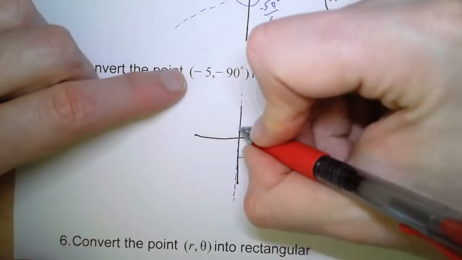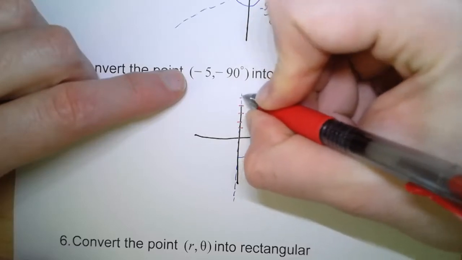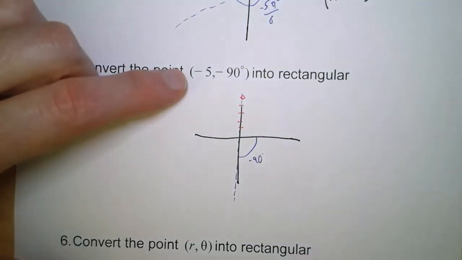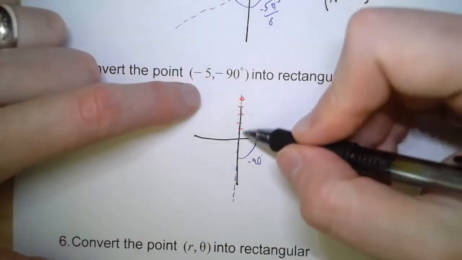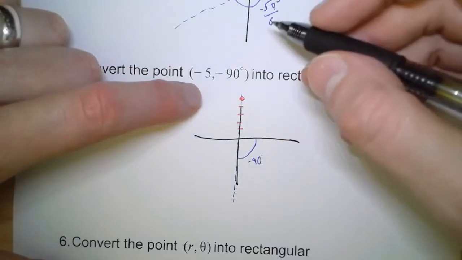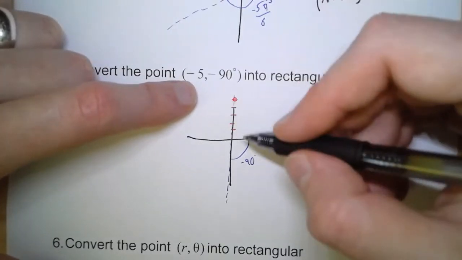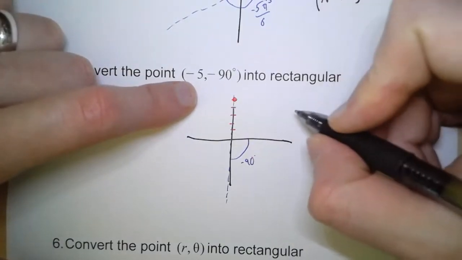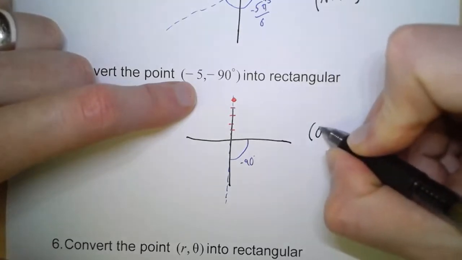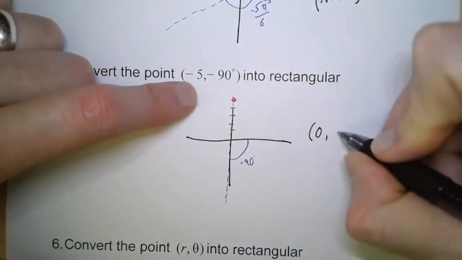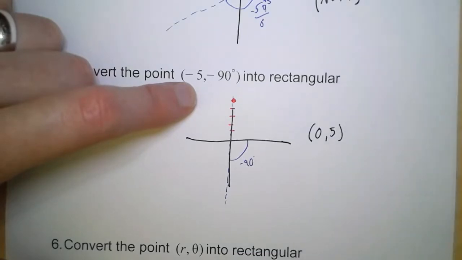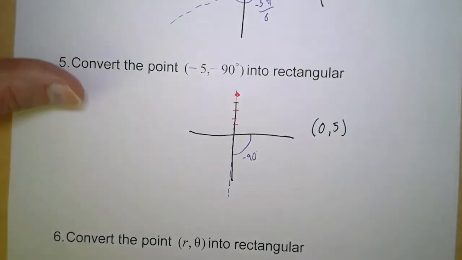So I'm going to measure out 1, 2, 3, 4, 5, right there. And this one actually turns out to be on the y-axis again. So that means that we're dealing with a value that is 0 units to the left or right, but it's 5 units up. All right.